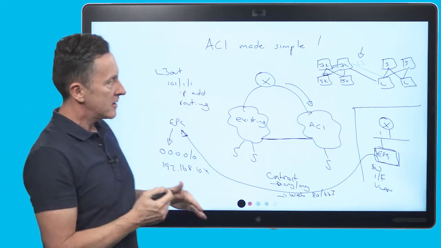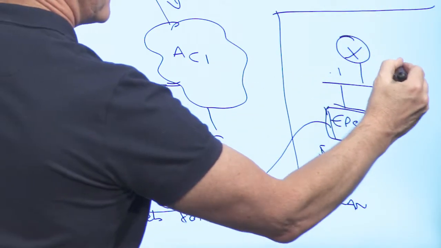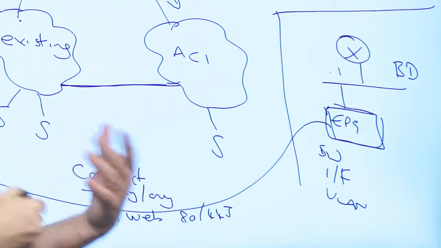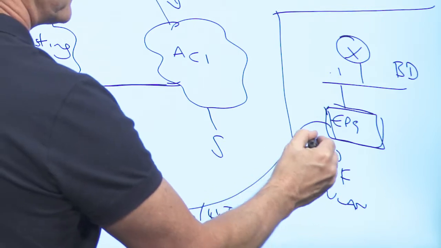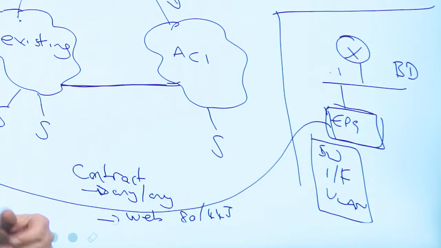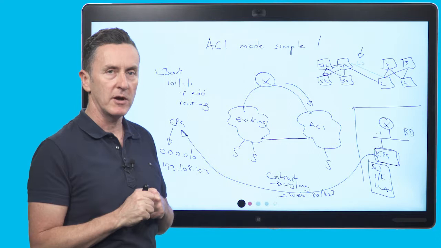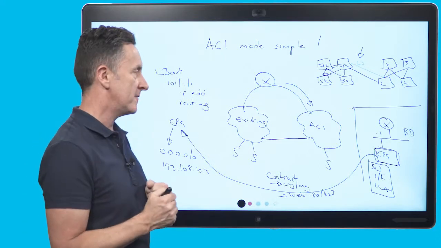Well, a bridge domain that we've got here, that's just a VLAN or a subnet that they're used to today. An EPG is just a list of switches, interfaces and VLANs, so where my servers are attaching on the network, or the virtual switch and the VLAN.